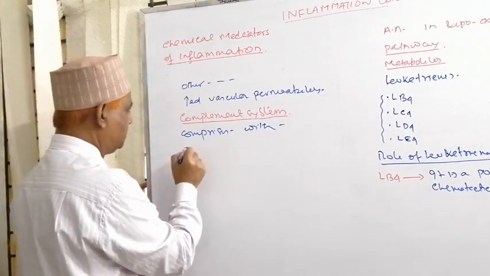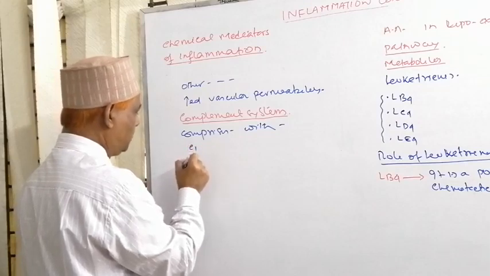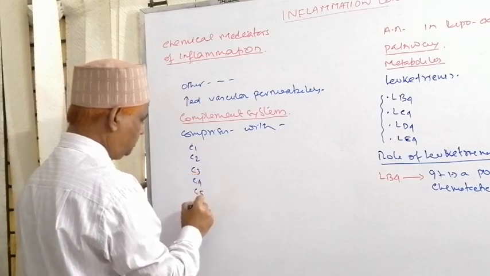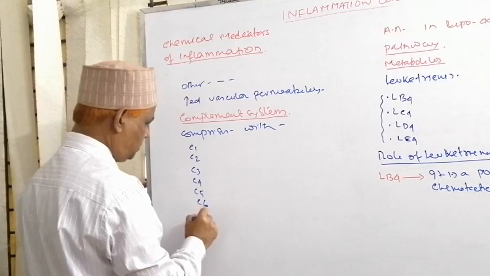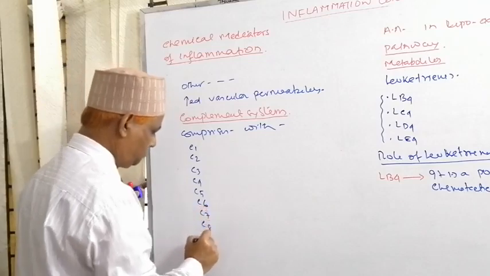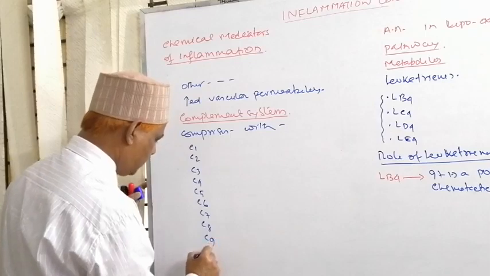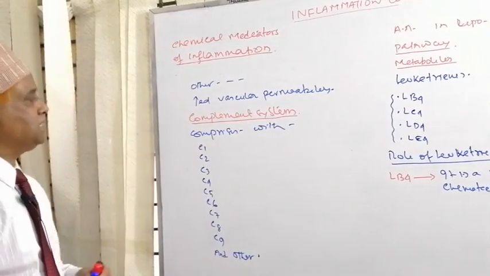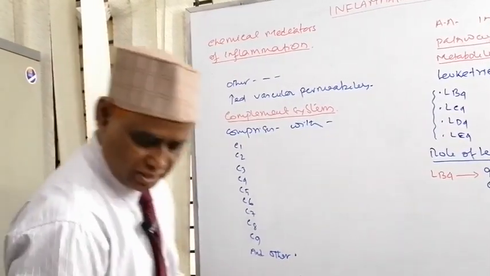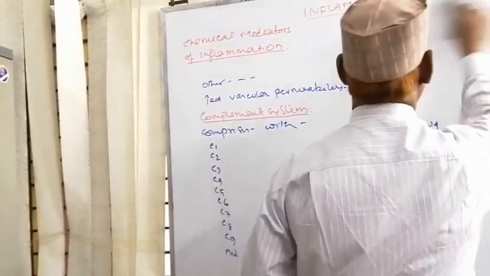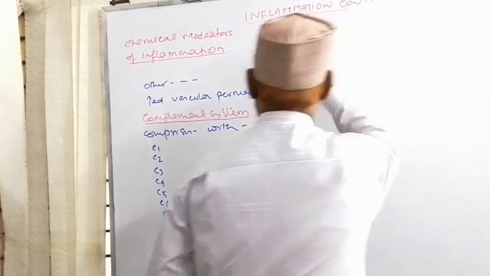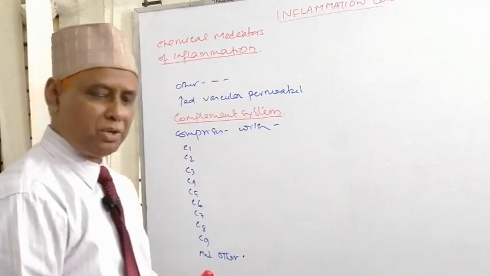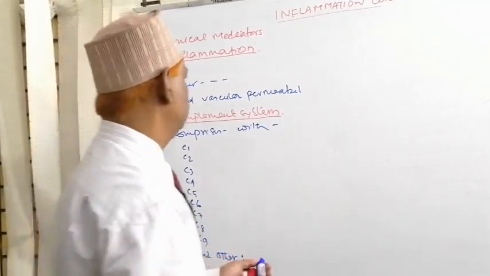These are designated as C1, C2, C3, C4, C5, C6, C7, C8, C9 and others. So it comprises about 20 components. How is this complement system activated in our body in inflammation?